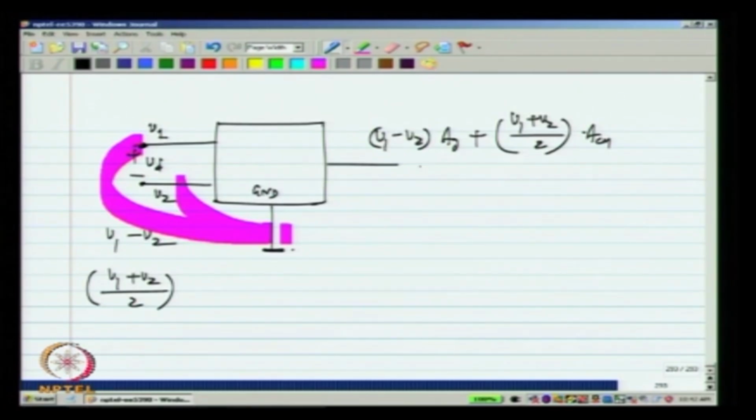Notice that this is exactly the same as writing some alpha 1 V1 plus alpha 2 V2, but since we usually want the differential response to be large and the common mode response to be small, it makes sense to write it in this form. So, the real problem is when ACM is non-zero and this V1 plus V2 by 2 happens to be large.